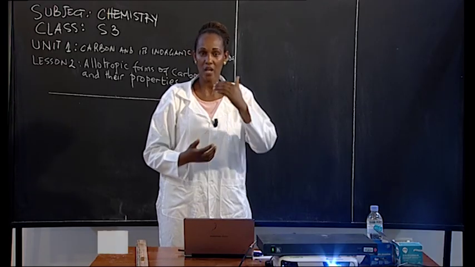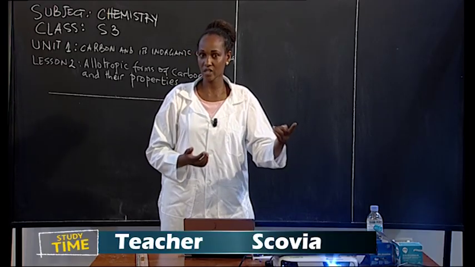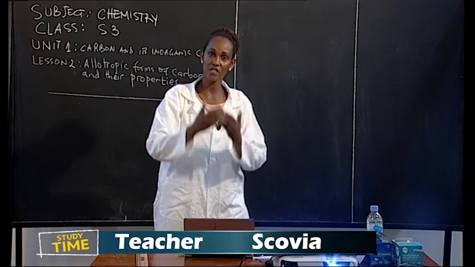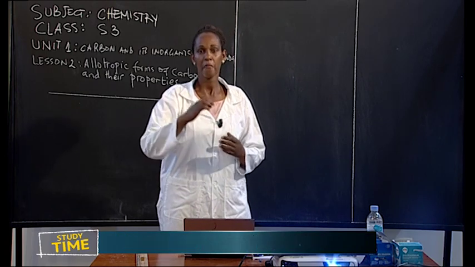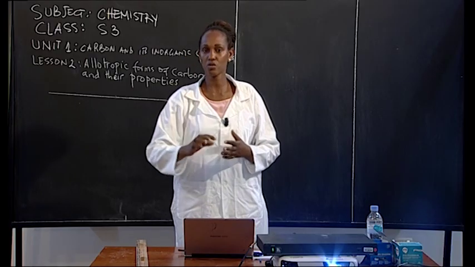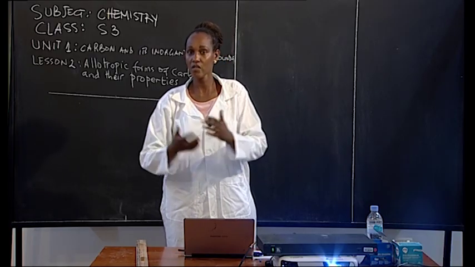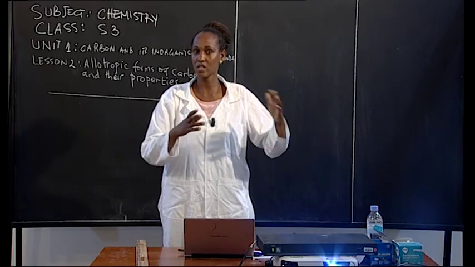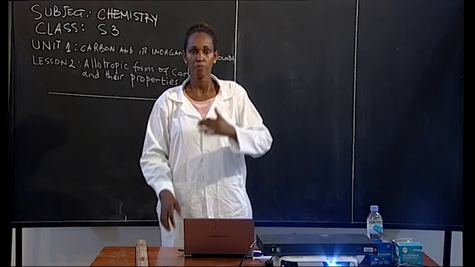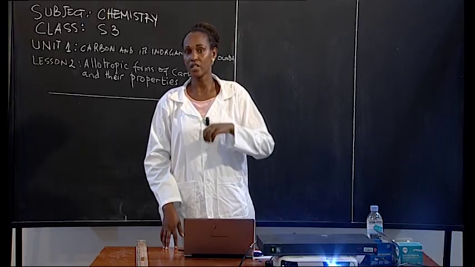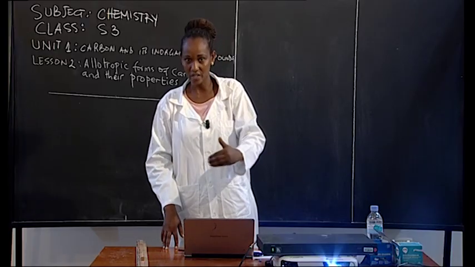So you can ask again, why is it a good conductor of electricity? Since it has free electrons, therefore, it can conduct electricity due to that movement of electrons. All right? So the dry cells used in radios, in watches, everywhere, the electrodes are made of graphite.